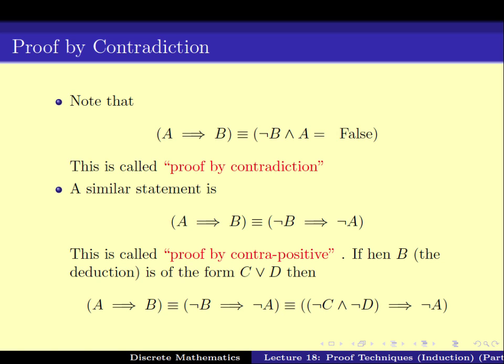Sometimes this is a different way of looking at the problem and can be easier to solve than A implies B. Another technique is, instead of proving A implies B, one proves that not B implies not A. They are equivalent statements, and this can be useful particularly when B is of the form C or D. So these were the various proof techniques that we saw.